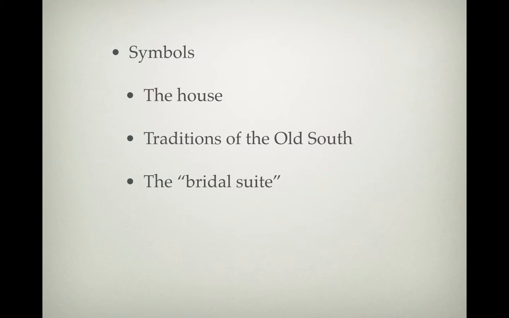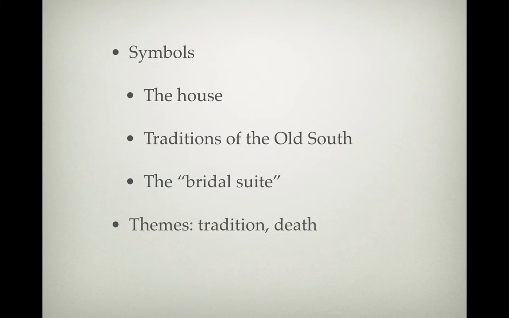Like, this is what I'm supposed to do, and hell or high water, I'm going to get me a husband. And so that's what she does. And so at the end of the day, it is very, very sad that she is driven to such lengths and obviously kind of loses her mind in her pursuit of marriage. And again, that marriage, this idea of the expectation of marrying, is one of those old traditions.